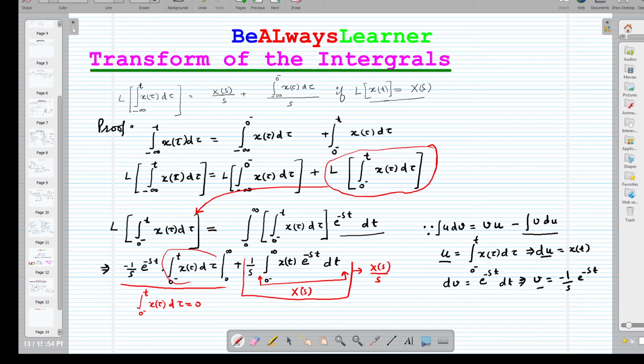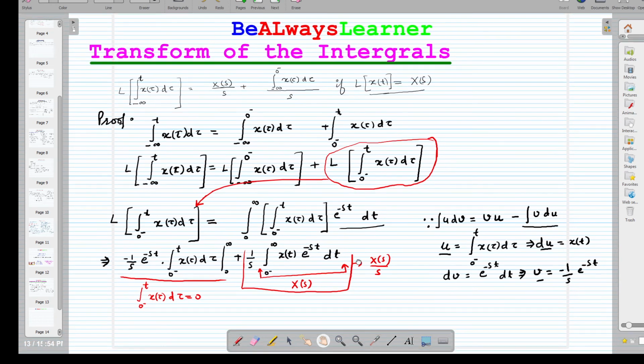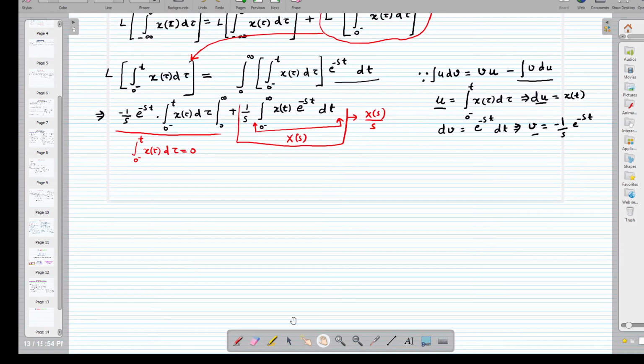I am talking about this part of it. So now we can write that the Laplace transform of the integration of x(tau) d tau from 0 negative to t is equal to X(s) by s, because this portion tends towards 0.